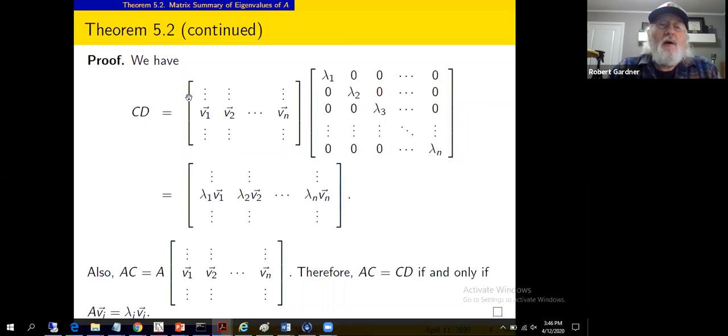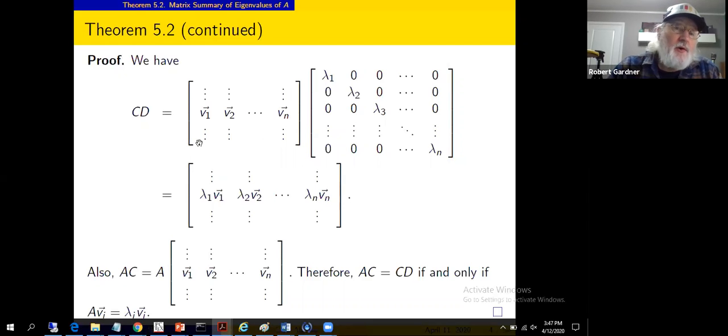Let's do the second row. The second row will be all second components. Second row, first column, we'll get the second component of alleged eigenvector v sub 1 times lambda 1. So over here in the 2,1 entry, we'll have lambda 1 times the second component of vector v sub 1, and so forth.